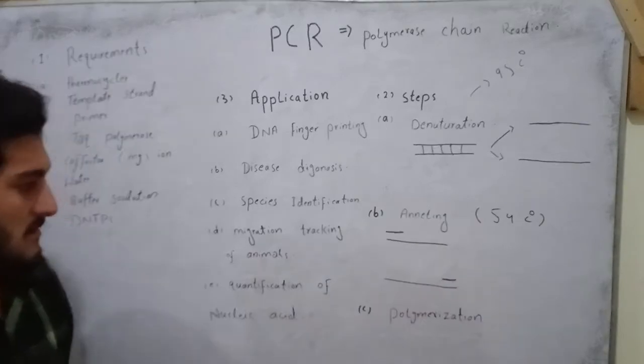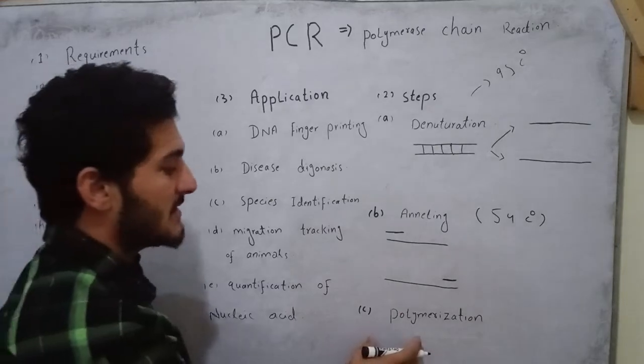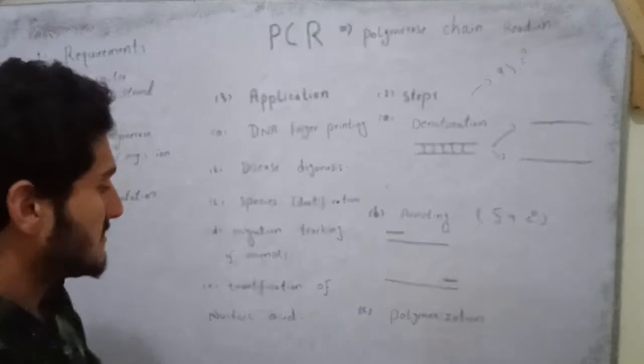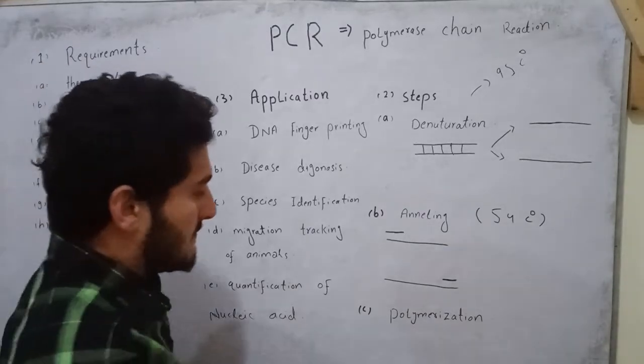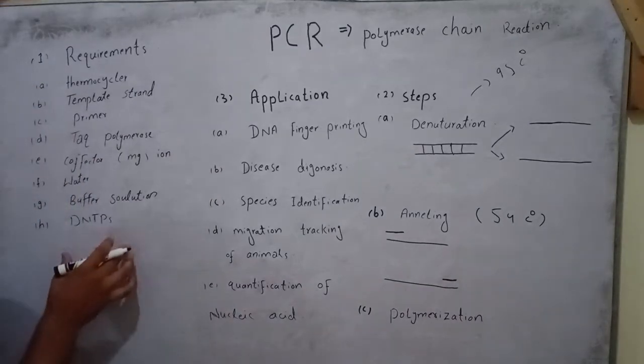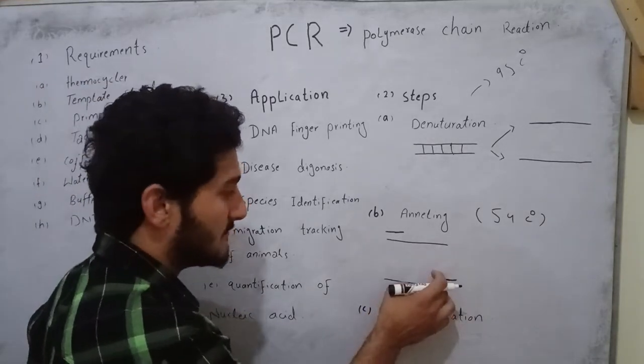Now when the primers are attached, the polymerization step starts. Here, the dNTPs, which are present in our master mix, attach to this primer; dNTPs come and attach to our template strand and make a double-stranded DNA.